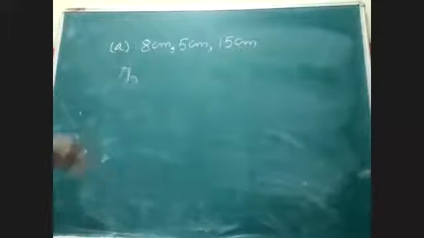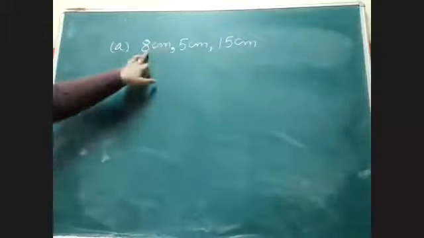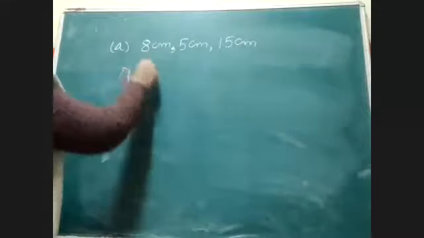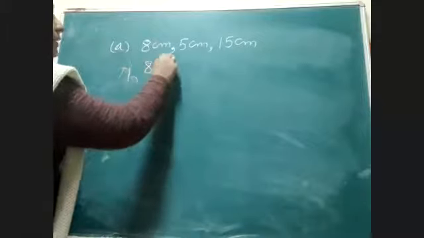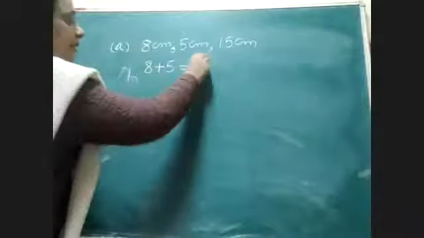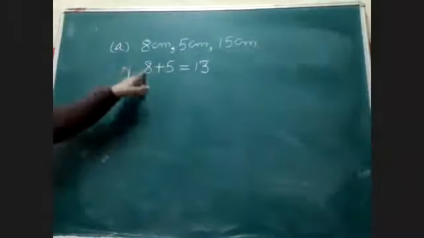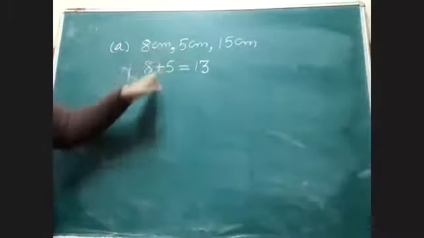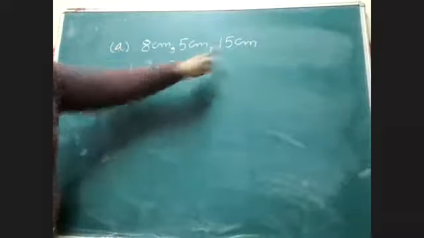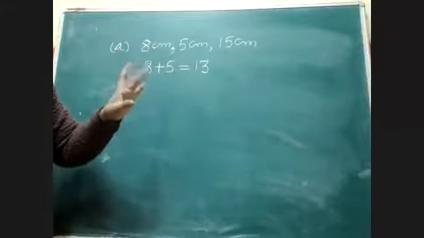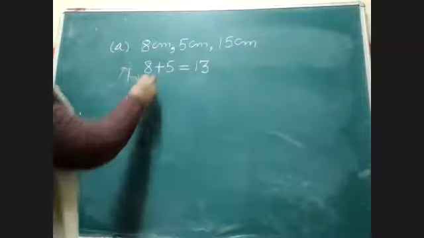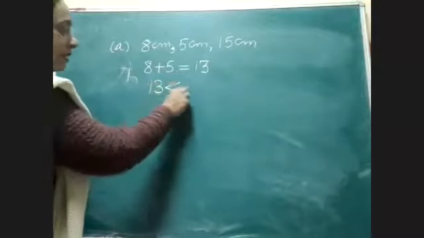According to this formula, add any two sides: 8 plus 5. This is 13, the sum of two sides. Now the third side is 15. According to our fact, the sum of two sides is greater than the third side. Now you see 13 is less than 15.